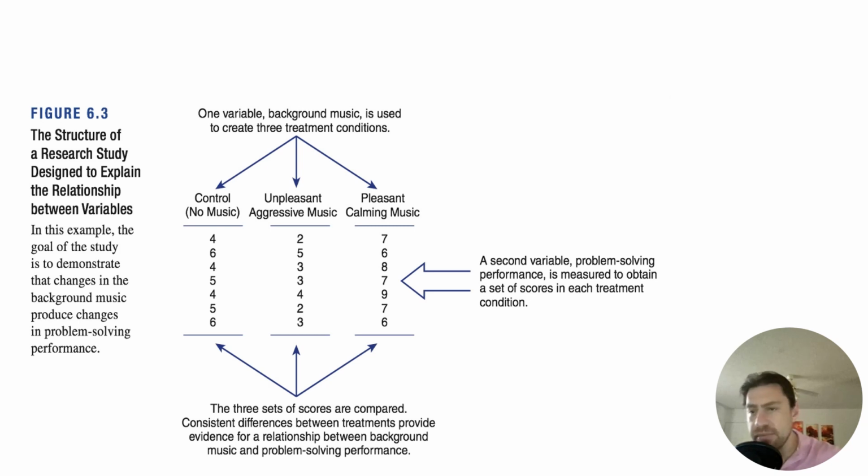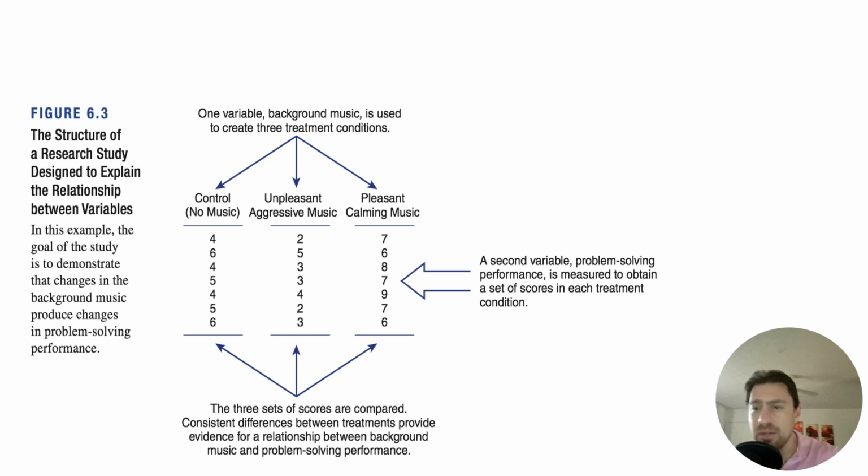Now the other variable is music. What music will people hear when solving these problems? And this variable will be broken down into three conditions. So the three conditions are as follows. Firstly, a control condition where people solve problems without music in complete silence.